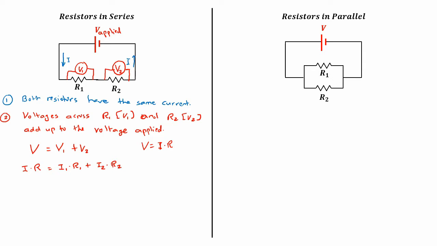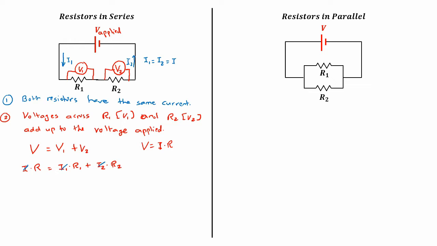Now we already know that current 1 here and current 2 here are equal, correct? We call it current I. So all of these currents, I1 and I2, are all the same. So we can divide both sides by current I, and these currents cancel out.